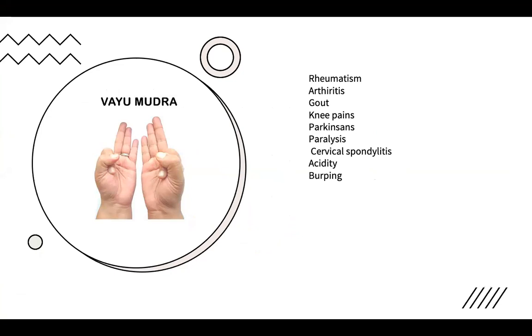If you have knee pains, joint pains, cervical spondylitis, acidity, burping, all these problems, then Vayu Mudra helps in balancing. As you hold this, you can feel a calmness. I can already feel a calmness here. Can everybody try this?